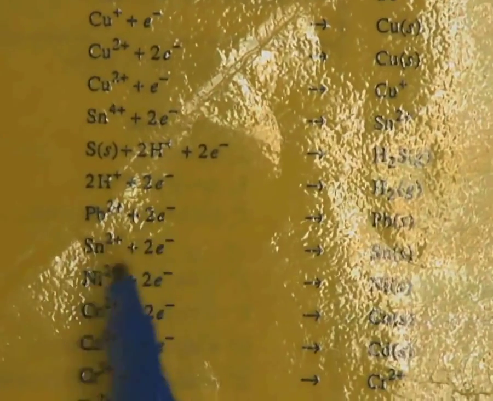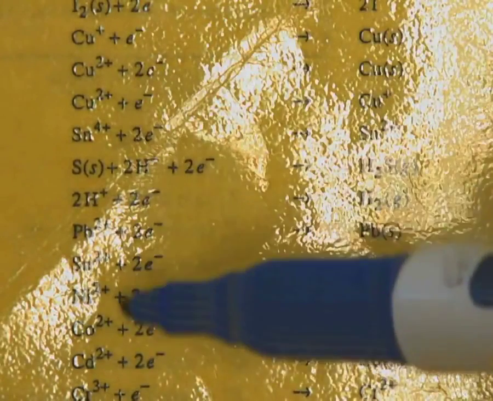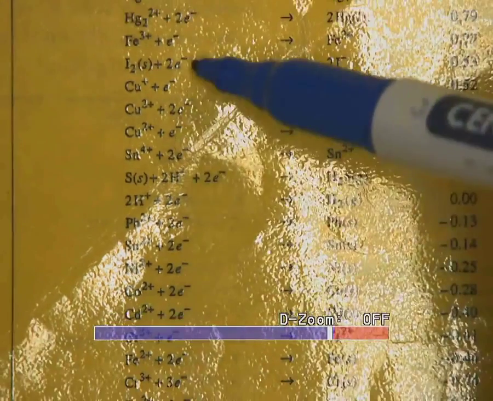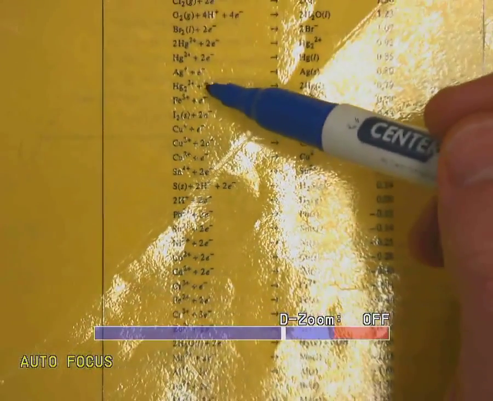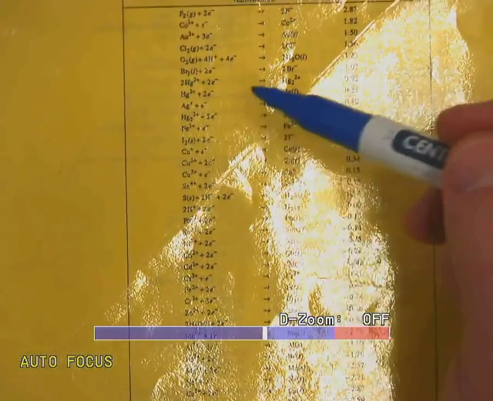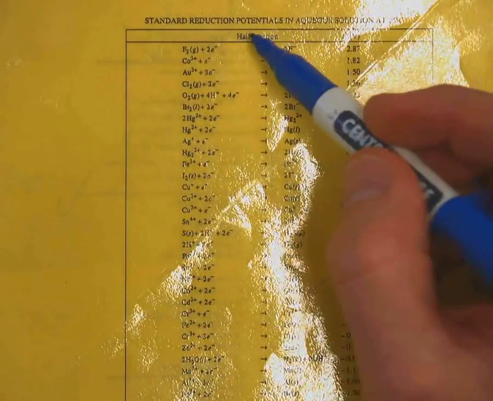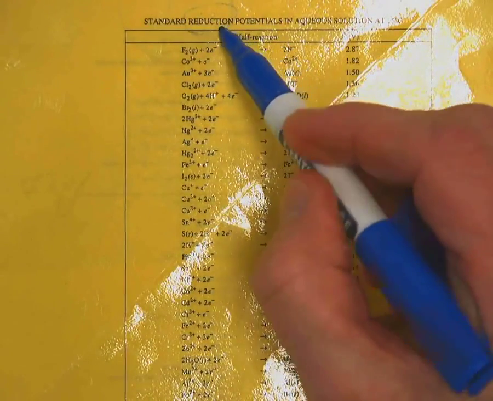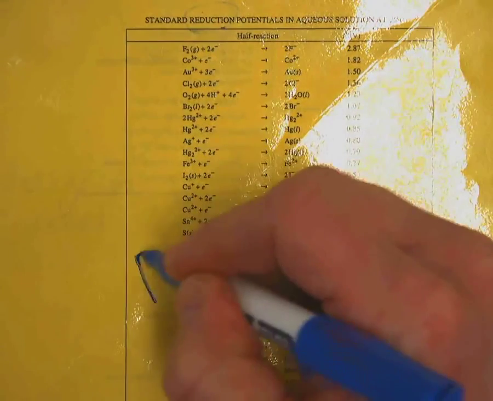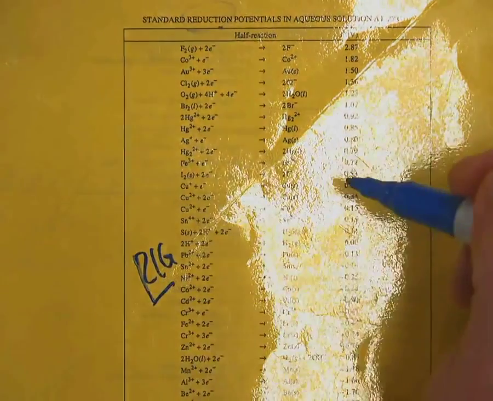And you'll see that all of these standard reduction potentials right here are equations written as the gain of electrons, because they're called reduction potentials, and reduction is gain. Remember RIG? Reduction is the gain of electrons.